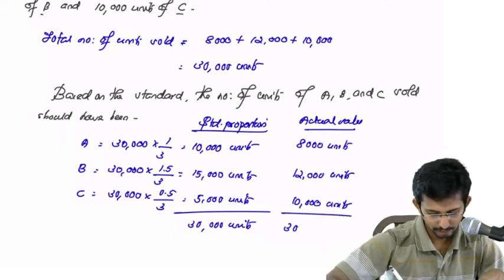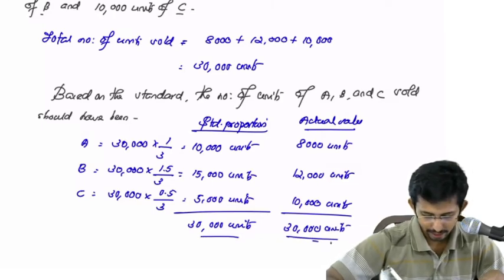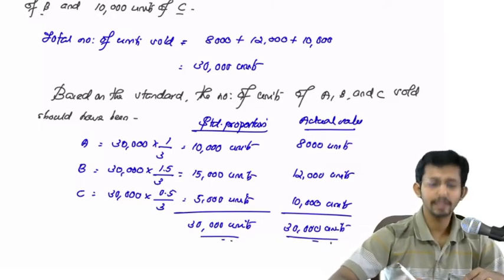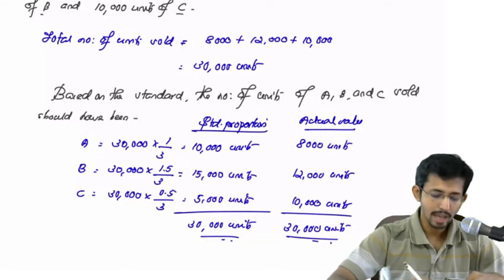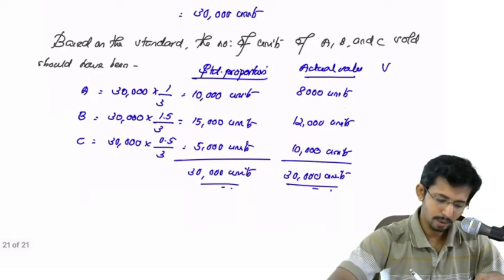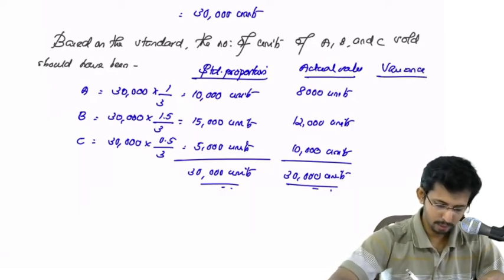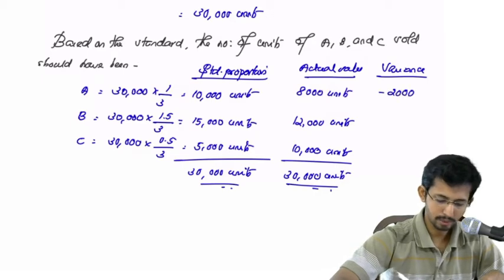Total 30,000. See, there is a change between the required composition of the goods and the actual composition of the goods, and this change or variance in the proportion will lead to what? Mix variance.